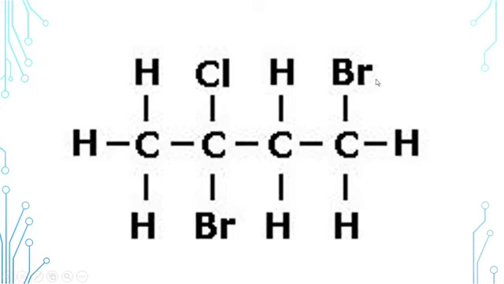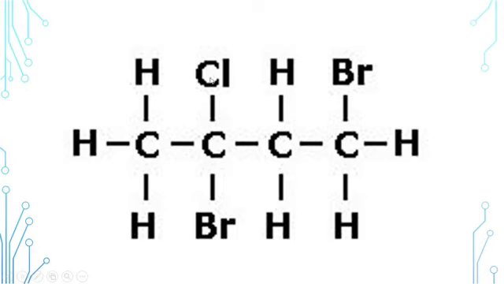Now on the first carbon we have the bromine atom, and also on the third carbon it's bromine. How many bromine atoms? That's 2. So we have to indicate the positions. This is 1, this is 3, but since there are 2, that's dibromo.